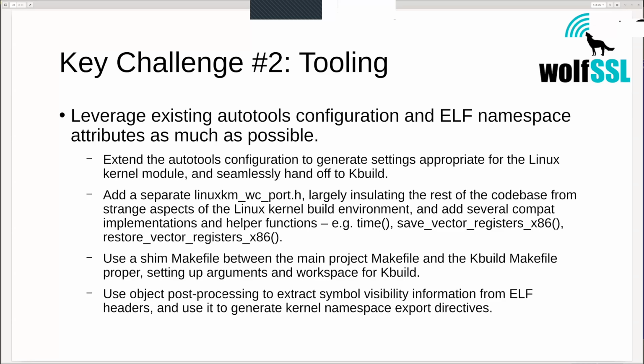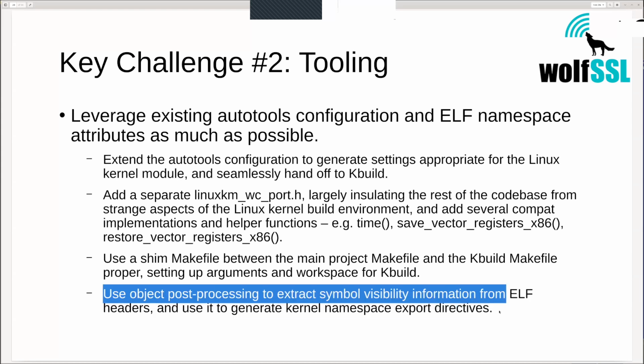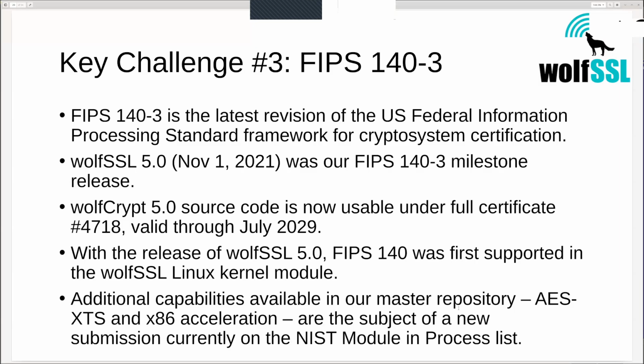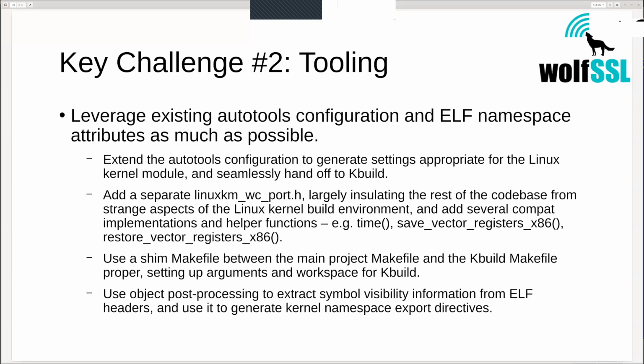We do use the ELF tools to do a pretty extensive post-processing to make certain that the library built as expected. And one of the reasons for that is that we have to containerize the entire wolfCrypt module in order to stabilize the FIPS hash.